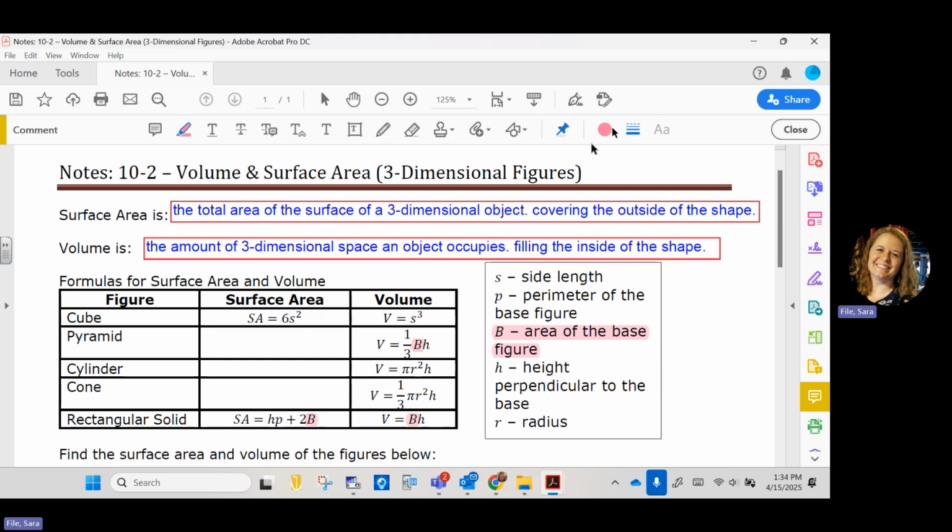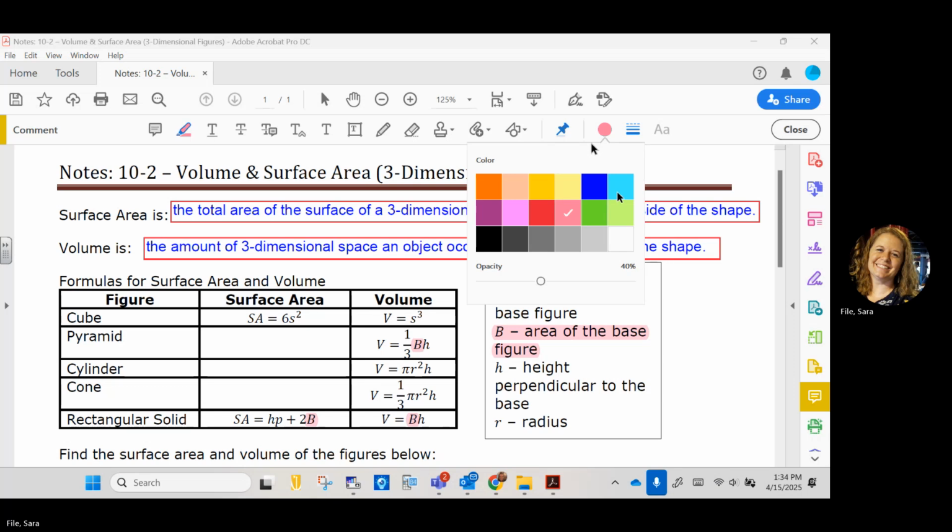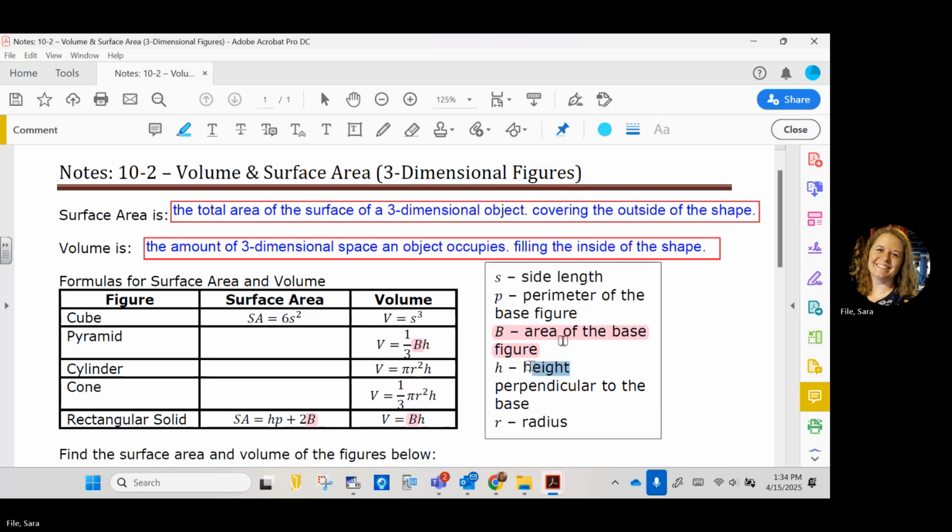Okay, and then the height has to be perpendicular to the base. We talked about this in 10.1 when we did area. We said the base and height of a shape are perpendicular. So the same thing applies in a three-dimensional shape. The height measure has to make a 90-degree angle with the base.